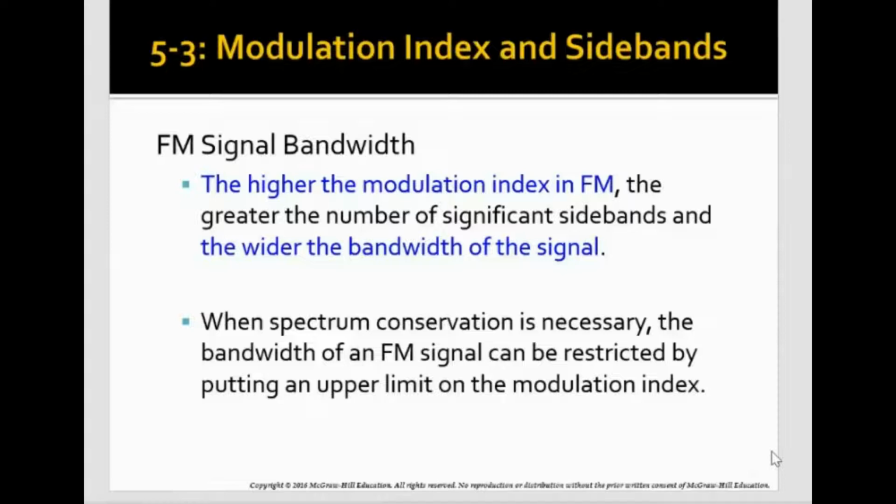So we continue. Now we know what FM, PM, modulation index and their sidebands are. Now we want to know how to calculate their bandwidths. The higher the modulation index in FM, the greater the number of significant sidebands and the wider the bandwidth of the signal.